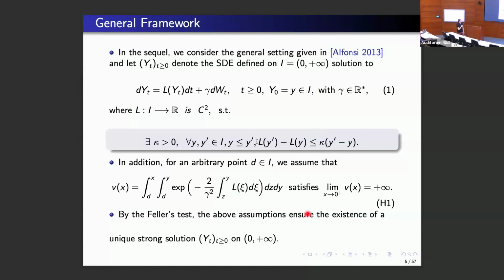Let me stress that I'm working on positive valued diffusions with additive noise. And thanks to this H1, and the classical Feller test, you check that your process stays in 0 to plus infinity. So we have a strong solution under these assumptions. And this is my general setting.